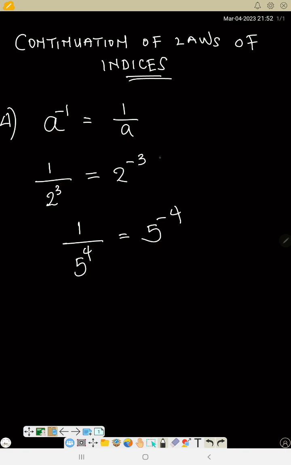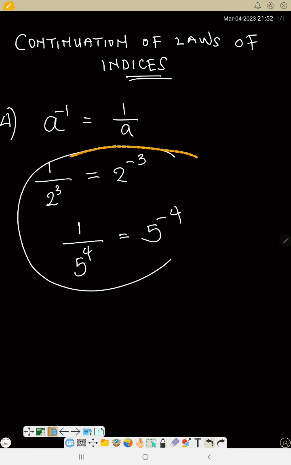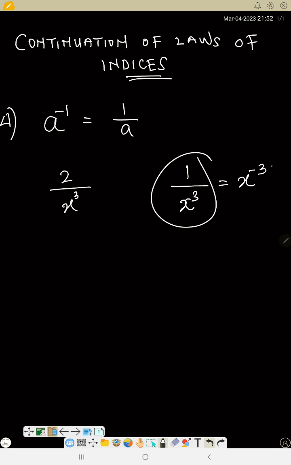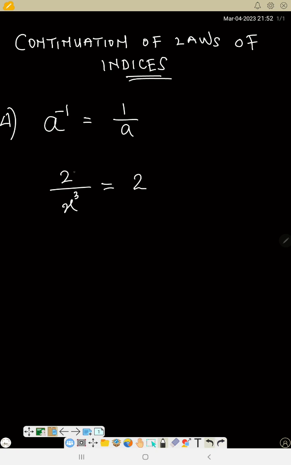So now what if I have 2 over x raised to power 3? How can I change this to index form? Before, if it is 1 over x raised to power 3, you will just say x raised to power minus 3. But if you have 2 on top, you write that 2 first.